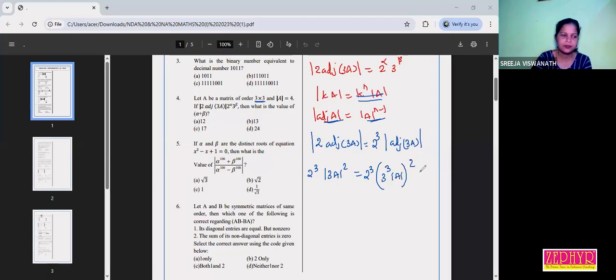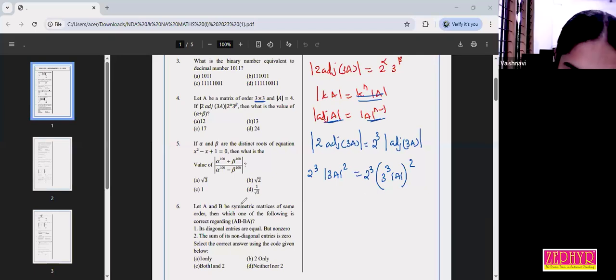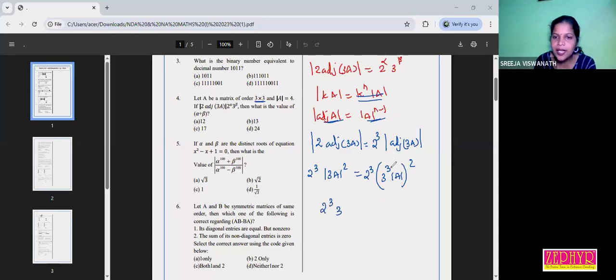Is it clear? Yes, teacher. That is 2 cube into 3 raised to 6, while opening the brackets, determinant A square. Determinant A is 4, given. The whole square.